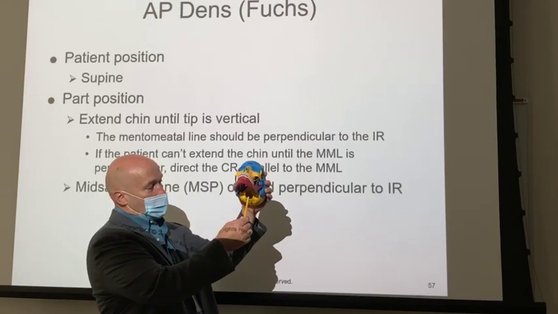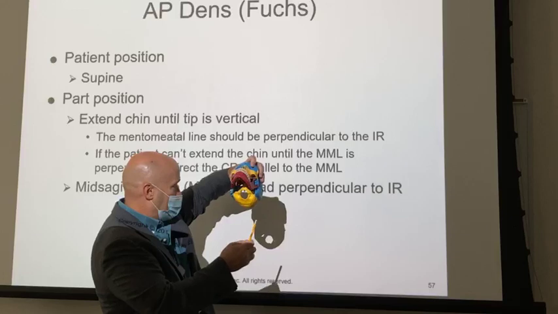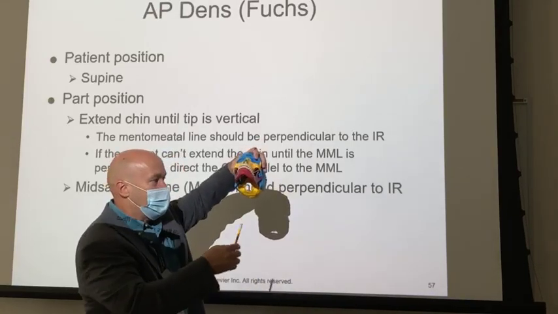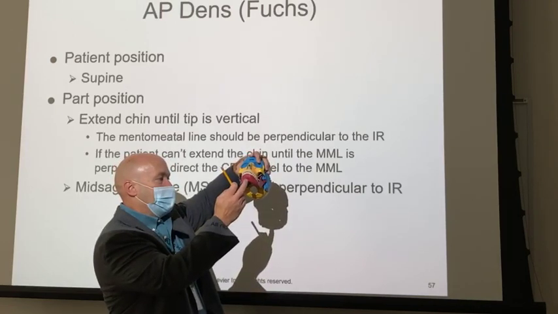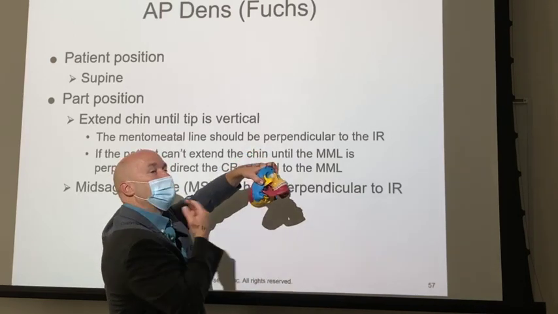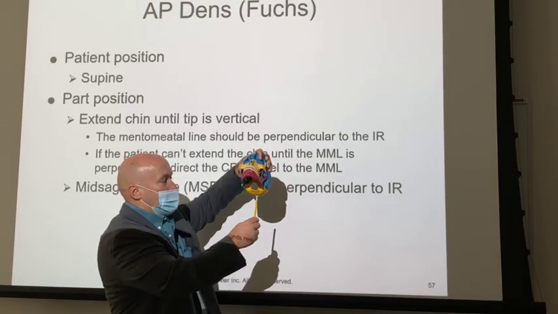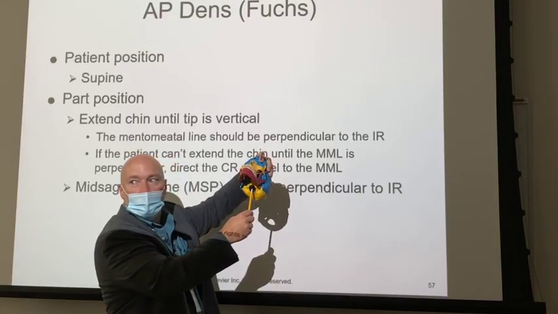And what you can do is come up under the chin so that you project that hole right there. That's what we call the foramen magnum. And if you align the mentomeatal line, that's the tip of the chin with the external auditory meatus, then what you can see is the tip of the odontoid process inside the foramen magnum.